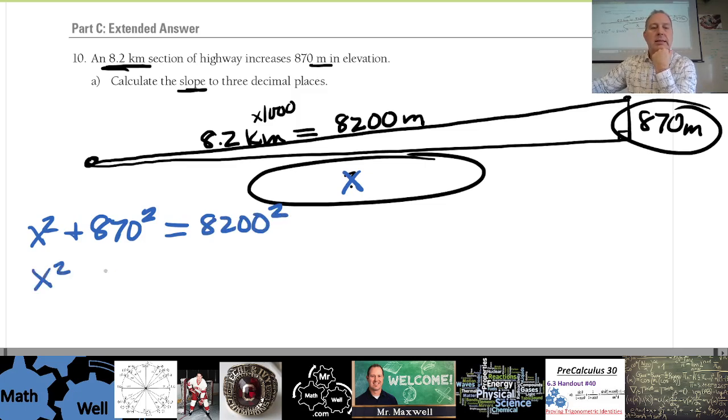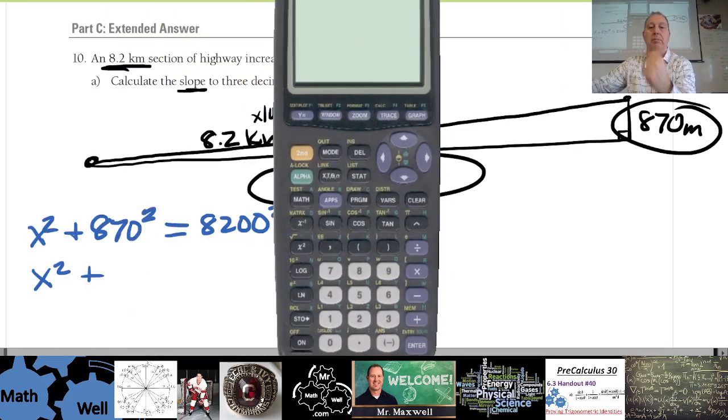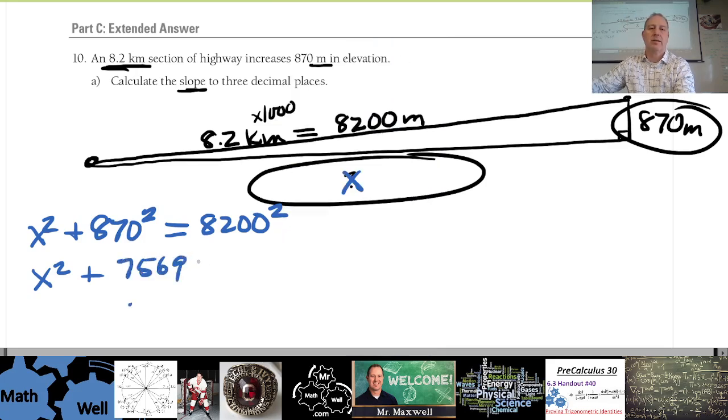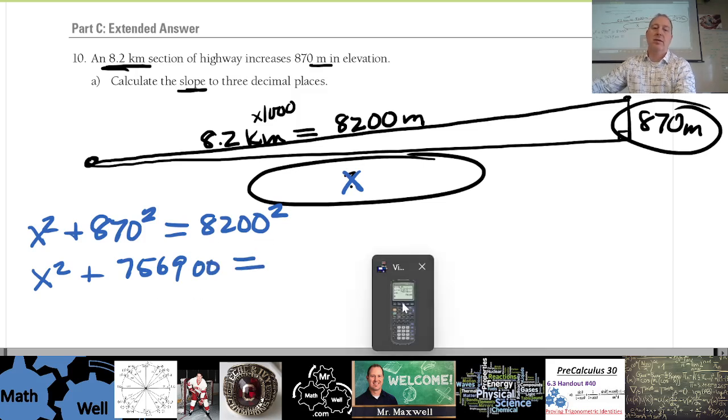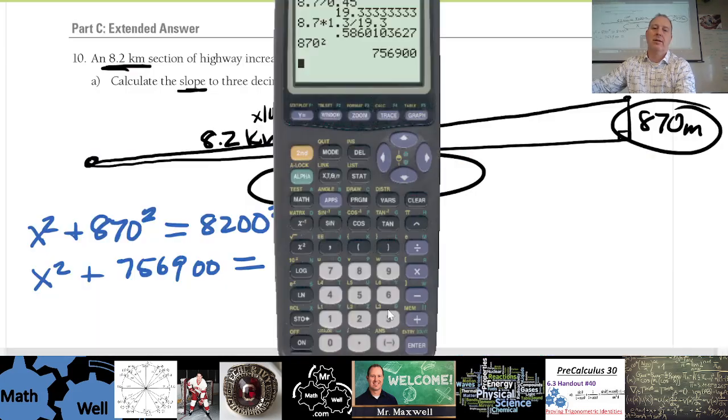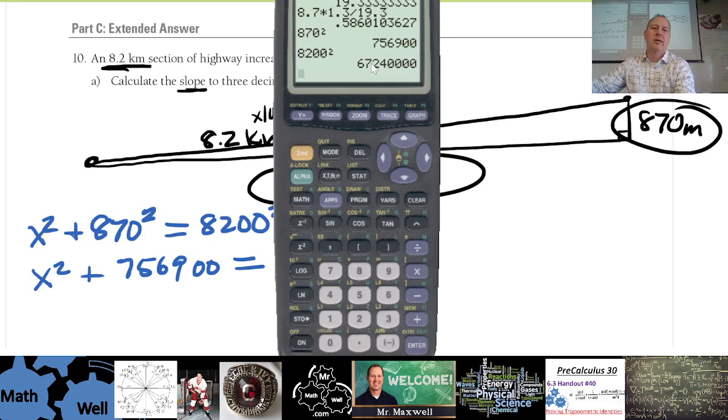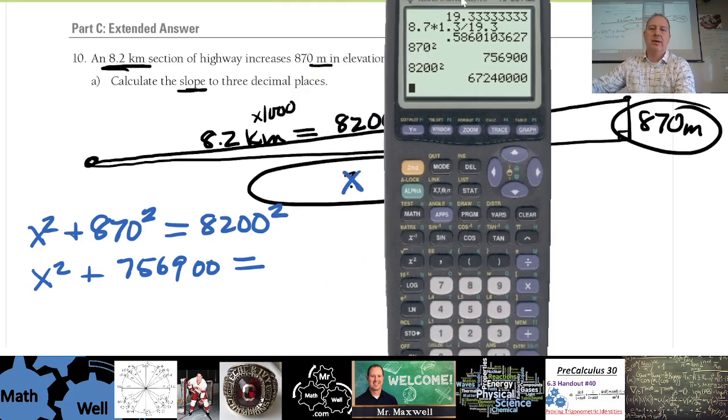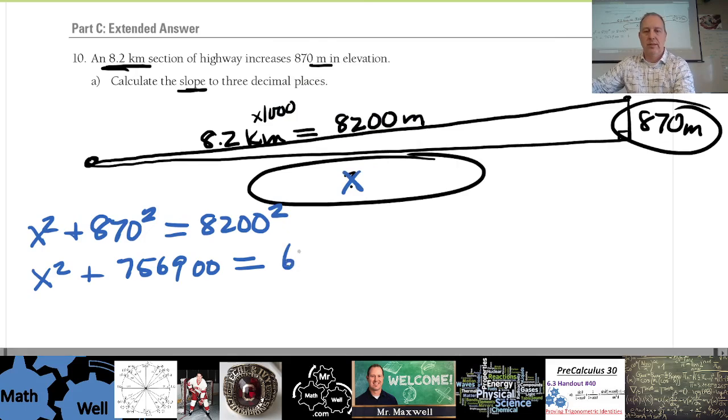So let's see, 870 squared is going to be a big number. 870 times 870 is 756,900, equals 8,200 squared. That's going to be an even bigger number. 8,200 squared is, oh boy, 6,724 followed by 4 zeros.